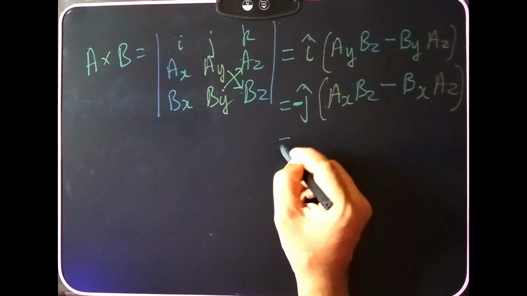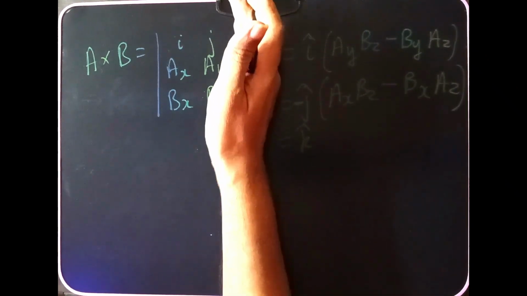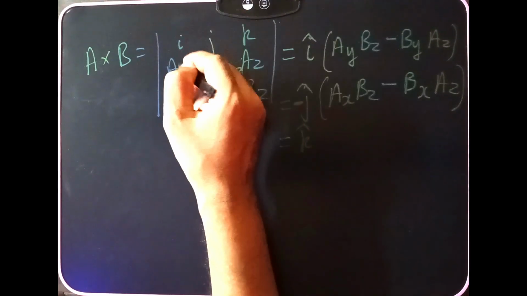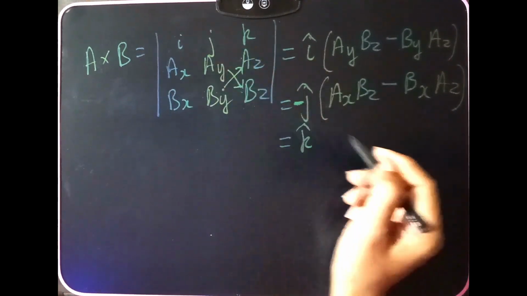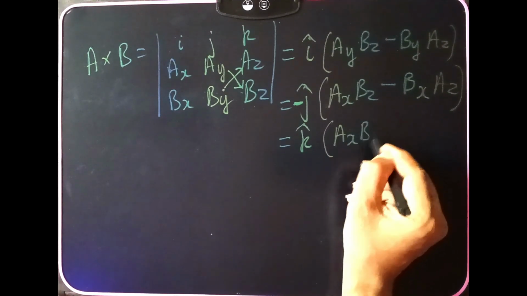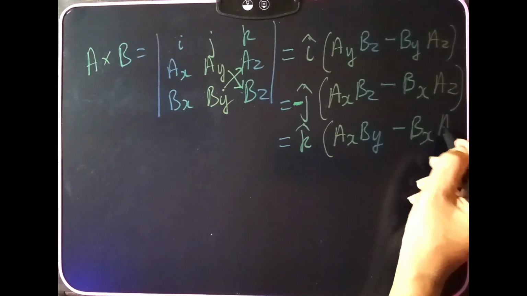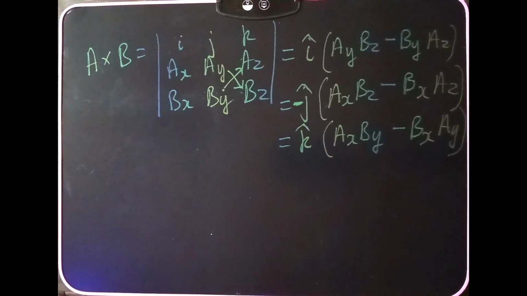Now the k component: you cover k, you do the same fashion from here to here and from down to up. So you'll get k cap Ax By minus Bx Ay. Okay, so this is how you're supposed to remember.